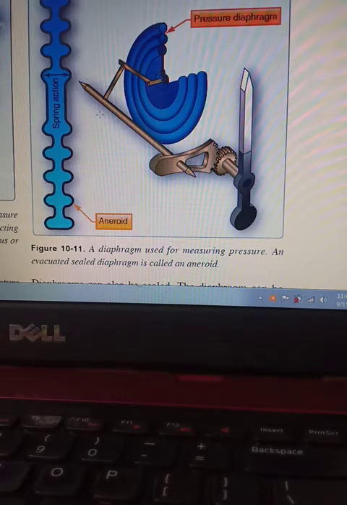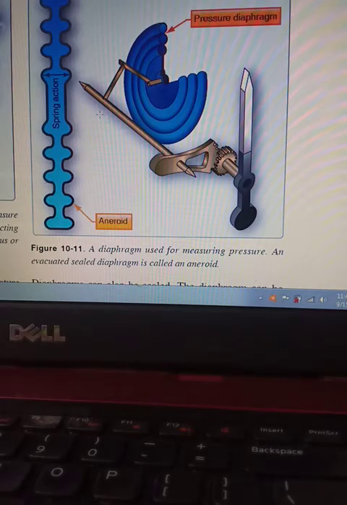A diaphragm can also be filled with a gas to a standard atmospheric pressure and then sealed. These diaphragms have their uses, which are described later in this subject.